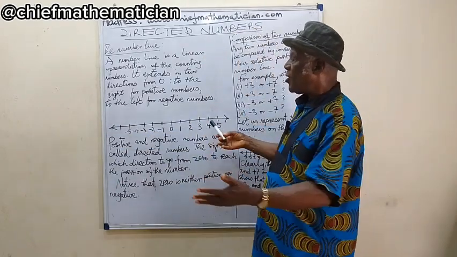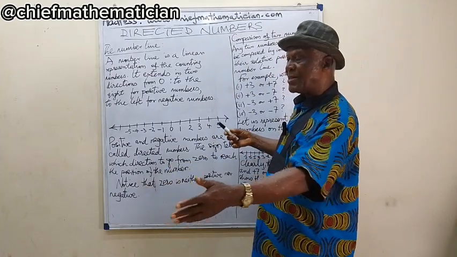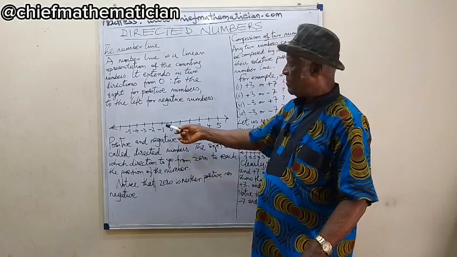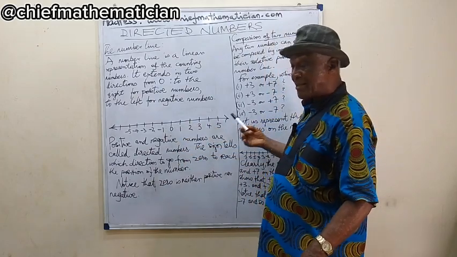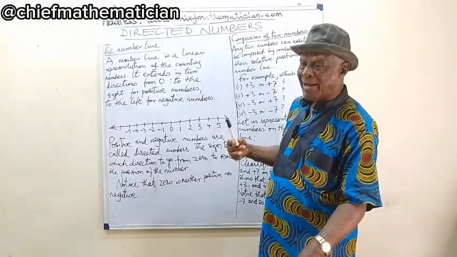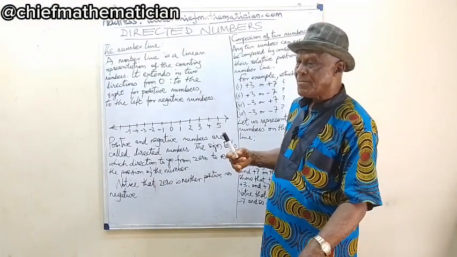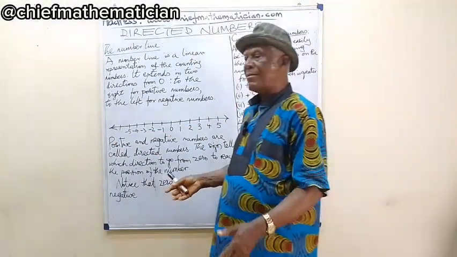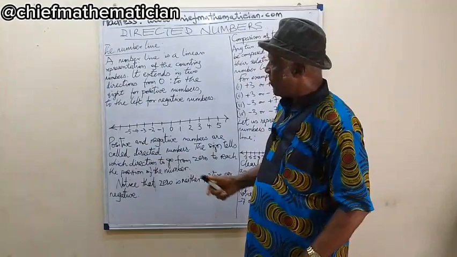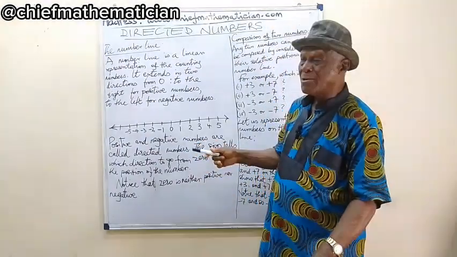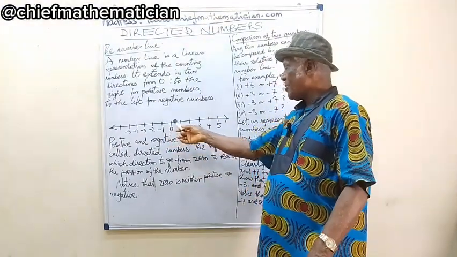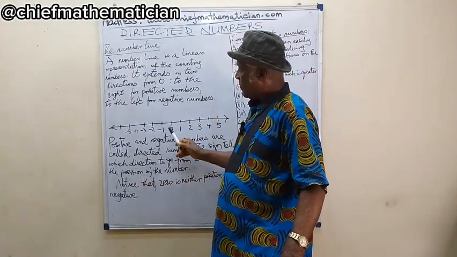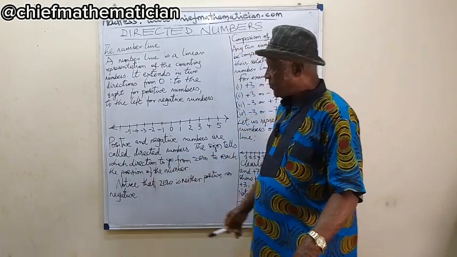The arrowheads show the indefinite counting. You cannot exhaust the counting of numbers positively. In your lifetime, you cannot. Counting negatively, the same thing. It's infinite. But take note that you count positive numbers to the right, negative numbers to the left, beginning from 0.